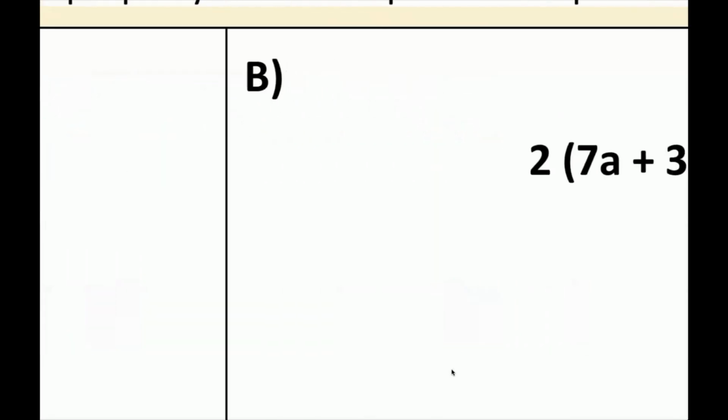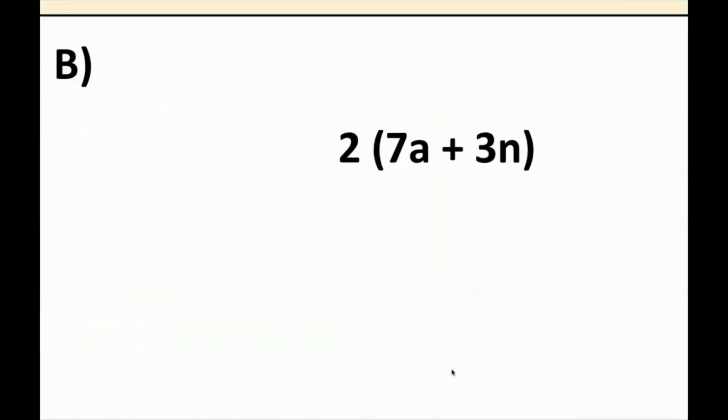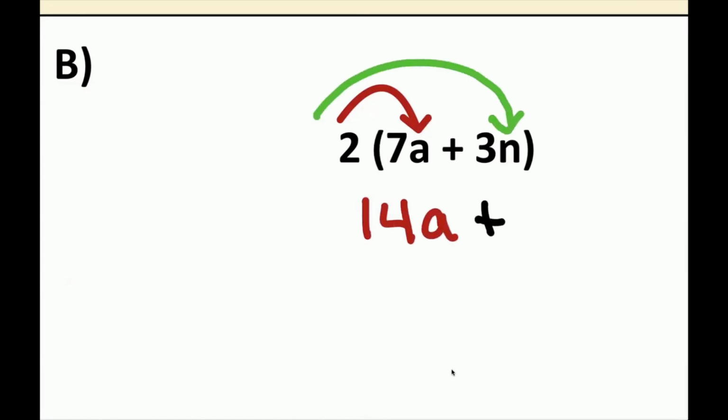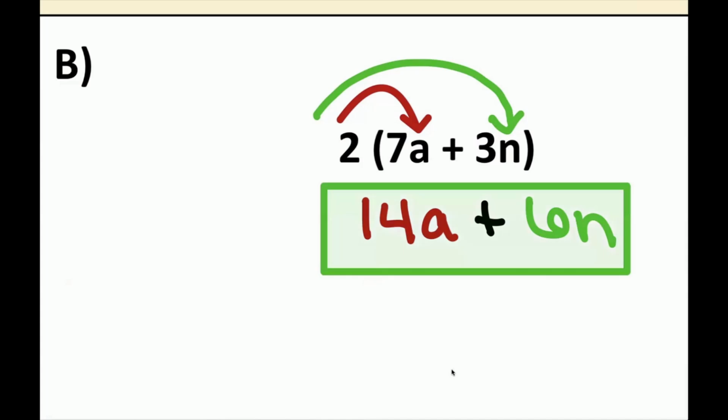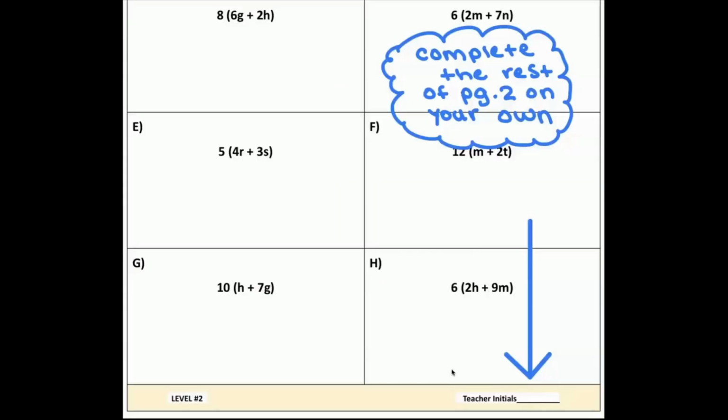Let's check our work for B. For problem B, you should have done 2 times 7a, which is 14a. Bring down our plus. We have 2 times 3n, which is 6n. This is our final answer. Go ahead and complete the rest of page 2 on your own, and then check in with your teacher if they want you to.